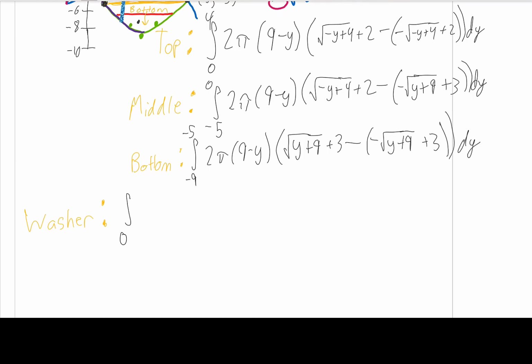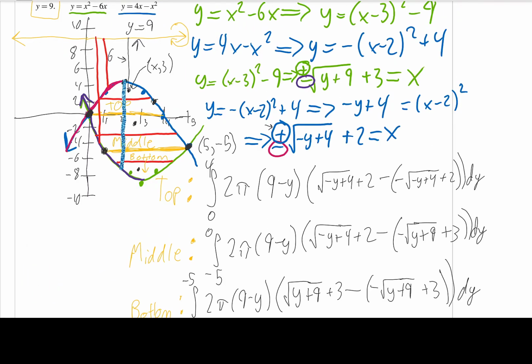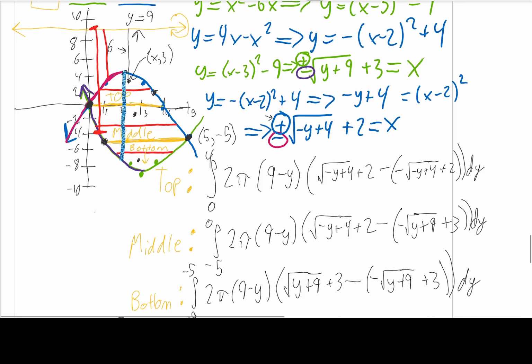So we've got the integral from 0 to 5 of pi times r out. Right, so now I'm trying to calculate the outer radius. So what we're going to have is we want to find the distance from here to here. And so that's going to be, right, and then we have to square it.